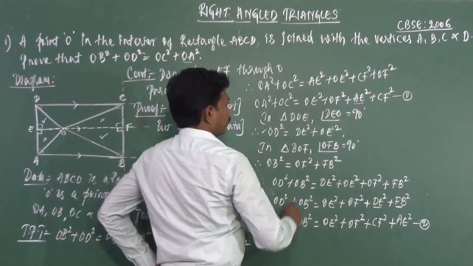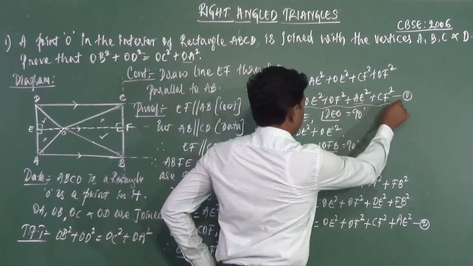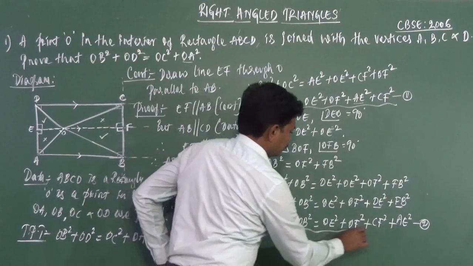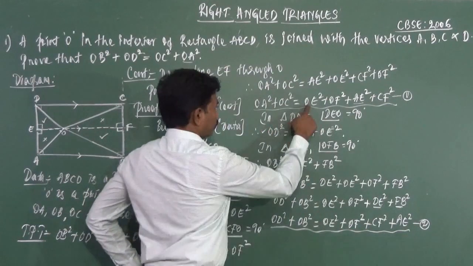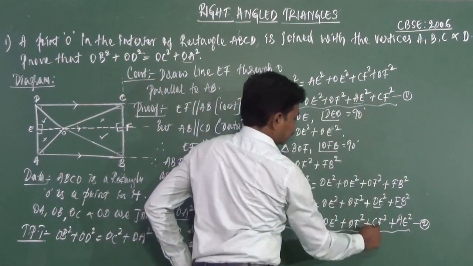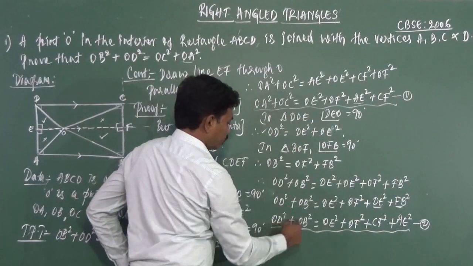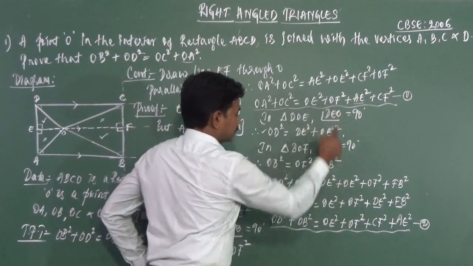Now when you compare both the equations, equation 1 and equation 2, here OE square is there, OF square is there, CF square is there, AE square is there. So these two things are equal to the same thing.